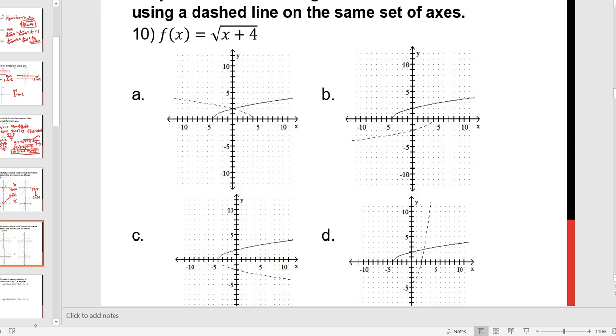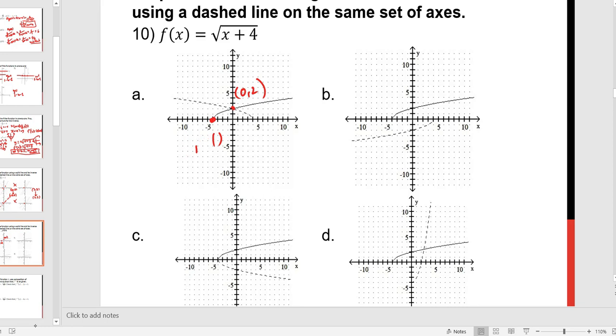Square root of x minus 4 or x plus 4. The solid line, I see 2 points. I see 0, negative 4, or negative 4, 0, sorry, and 0, 2. Switch those points. Negative 4, 0, I should see a point at 0, negative 4.